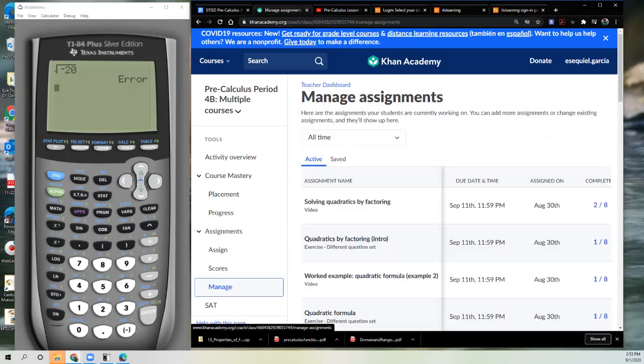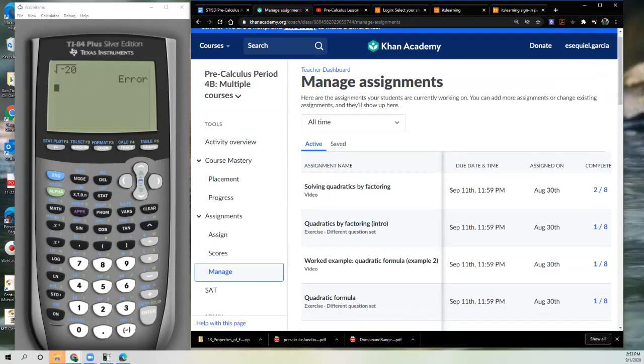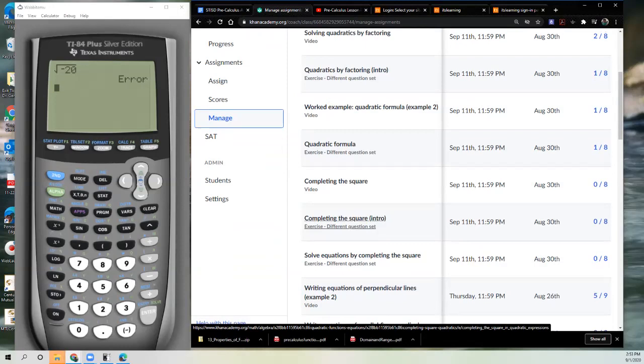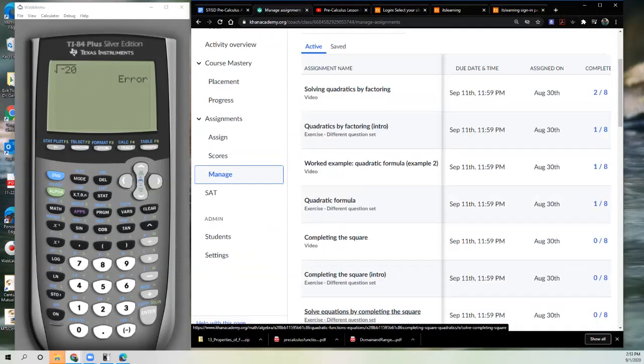Assignments, manage. Okay, let me tell you when it's due. I assigned it on August 30th, so it's due September 11th. Solving equations by completing the square: completing the square intro, and completing the square, that's a video, so you have two different exercises. For the quadratic formula, you have a video that you have to watch, and then also factoring.